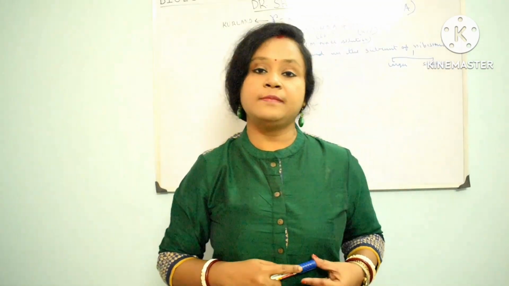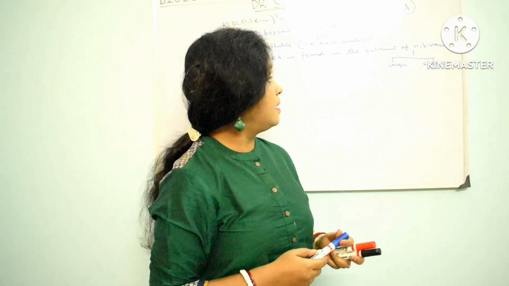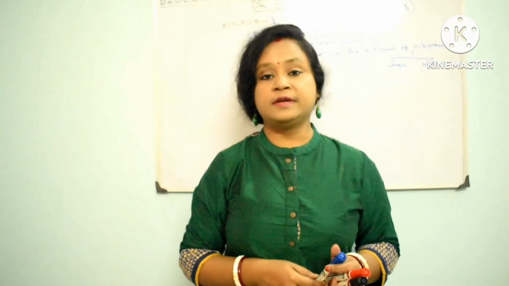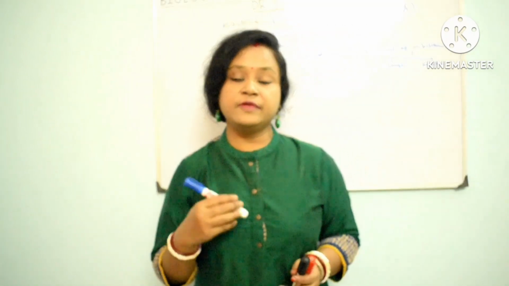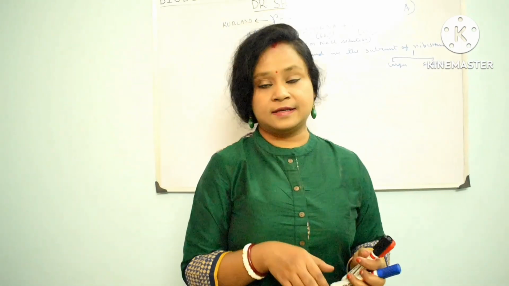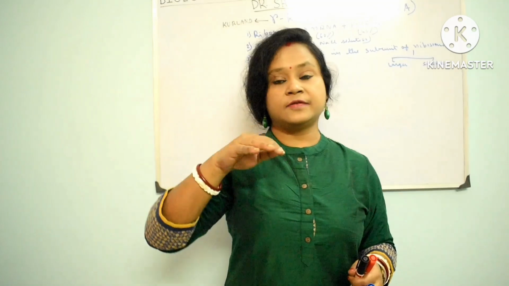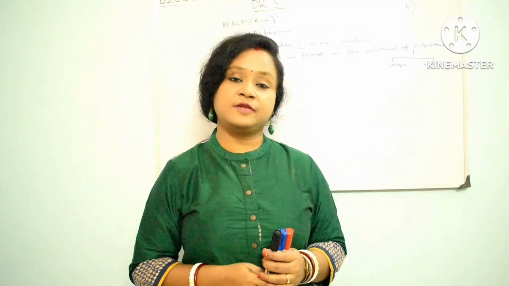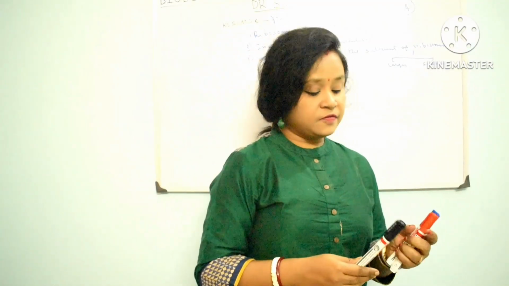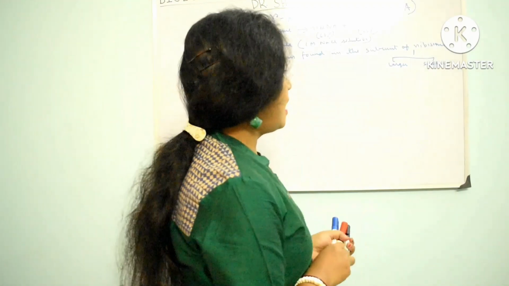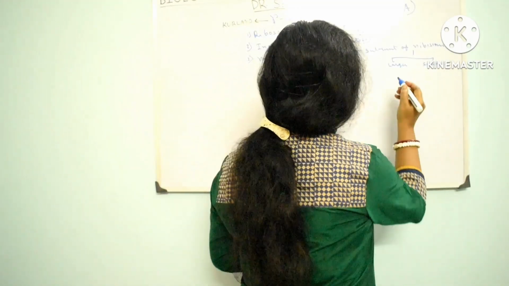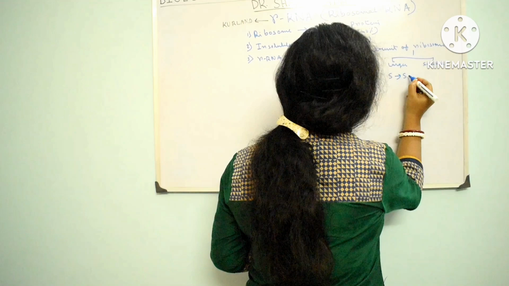From cell biology, if we centrifuge, the larger one is heavier and settles at the bottom, and the smaller one is lighter and settles on the upper side of the centrifuge tube. This is indicated in S, the Svedberg unit.